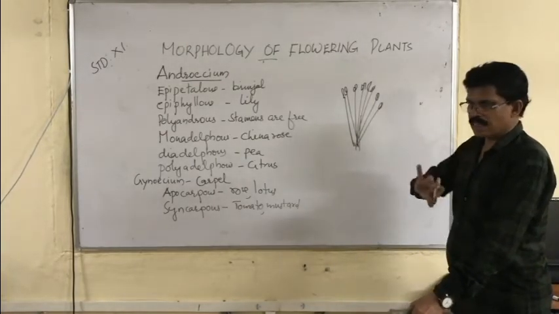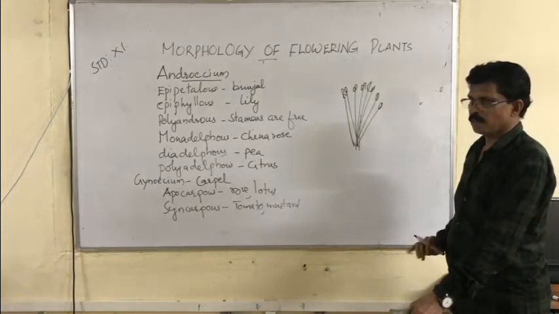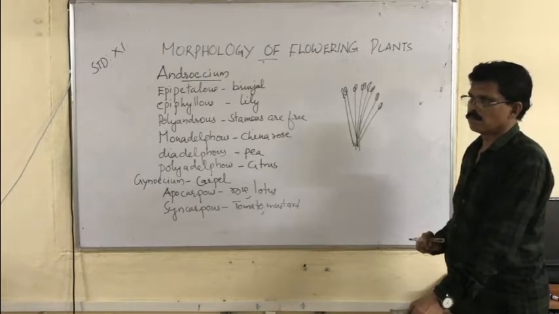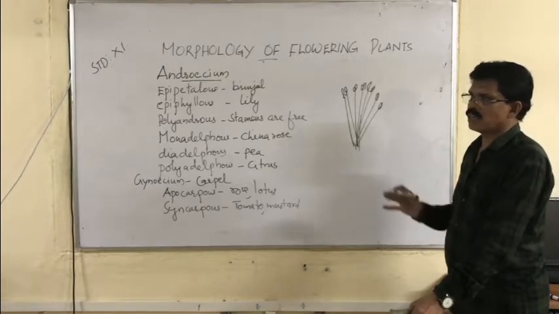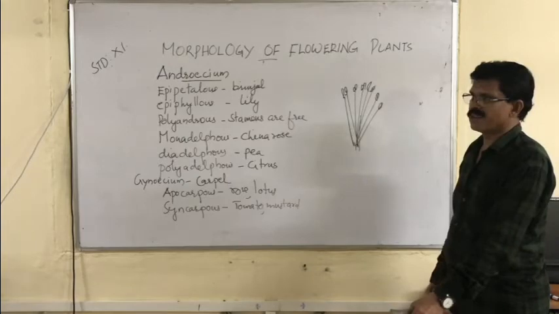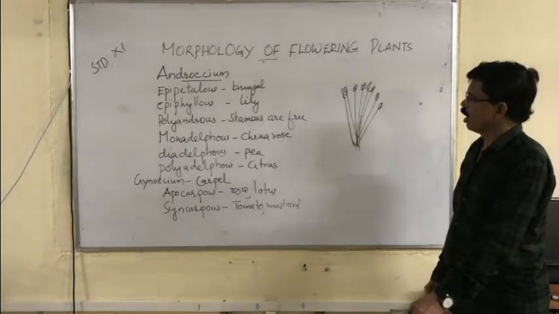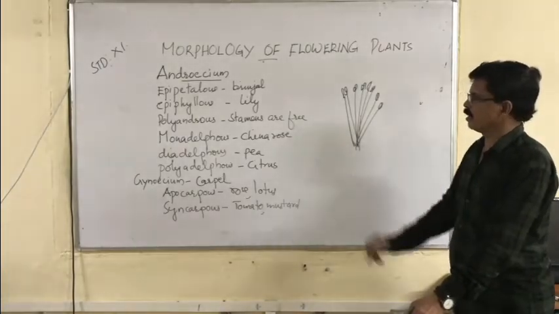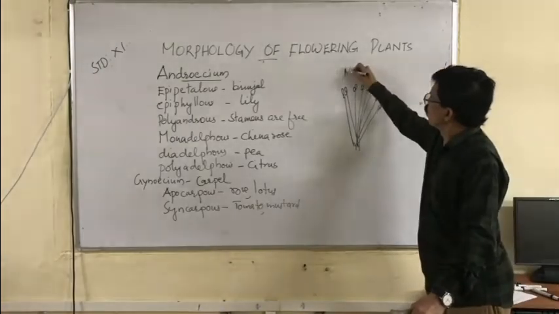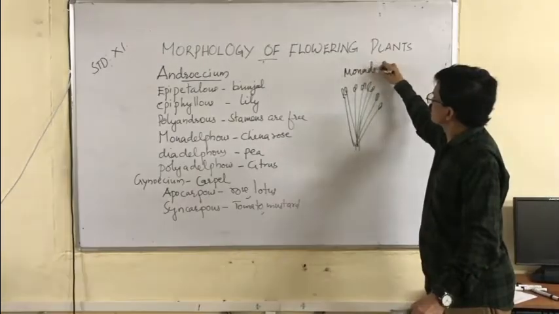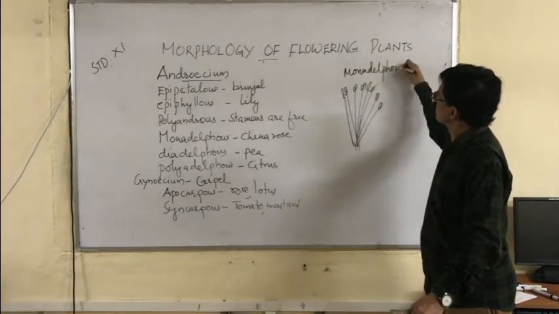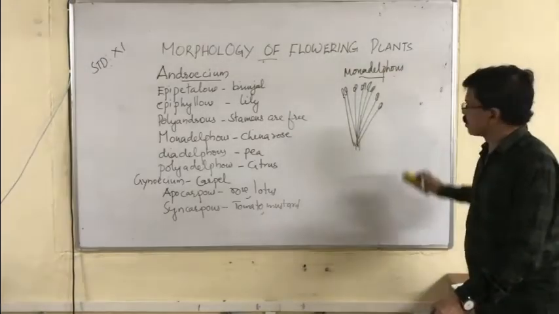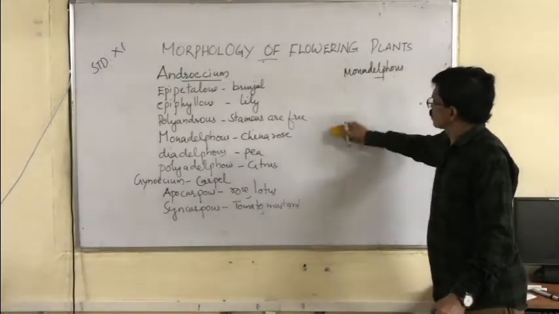All the stamens are joined together to form what we call the staminal sheath. That is called monadelphous. All the stamens are seen as a single bundle. Example, China rose.